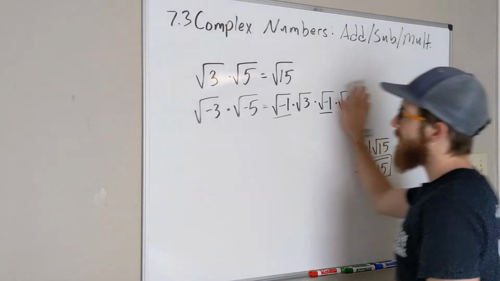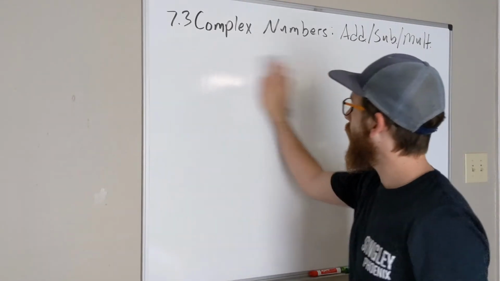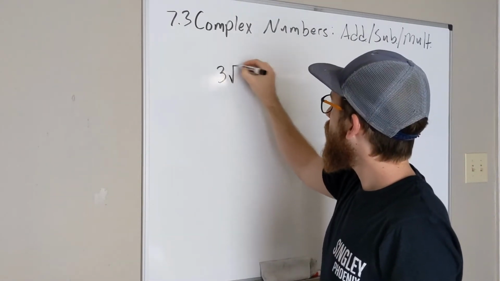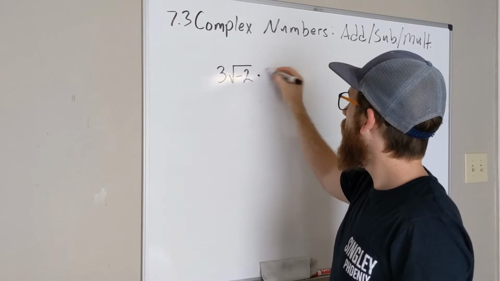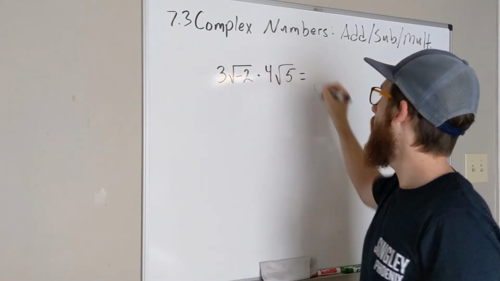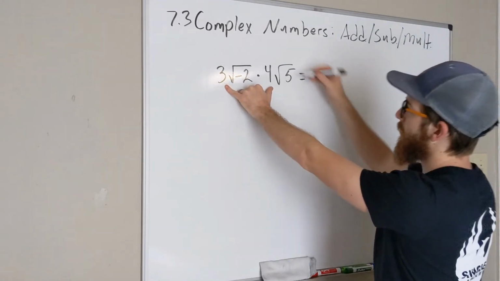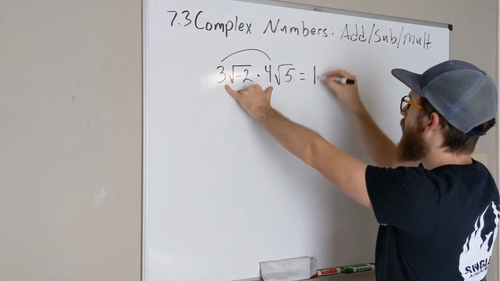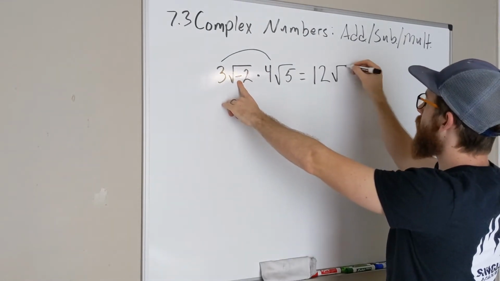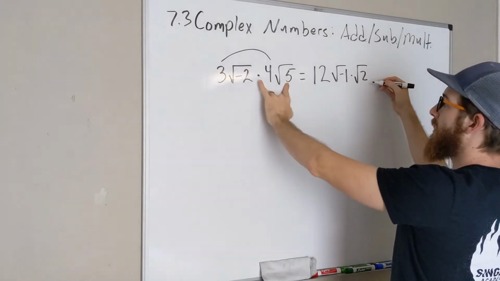So let's look at another example of multiplication and just kind of see what we can do. What about something like 3 square root of negative 2 times 4 square root of 5? Okay, well, we multiply the outsides together first. Outside times outside, 12. Now, what is this? Oh, that's the square root of negative 1 times the square root of 2. And what's left?